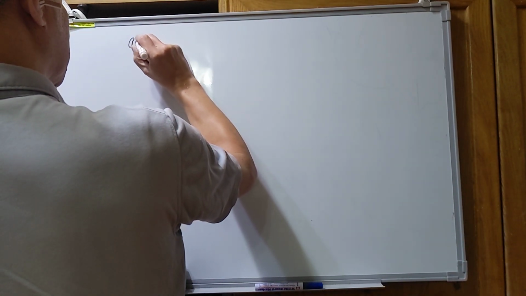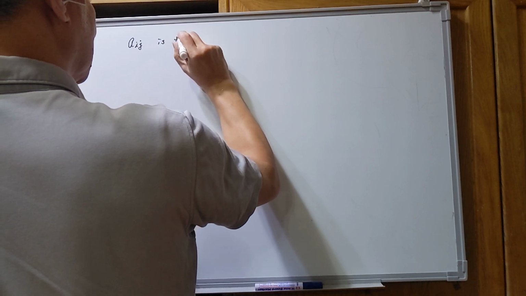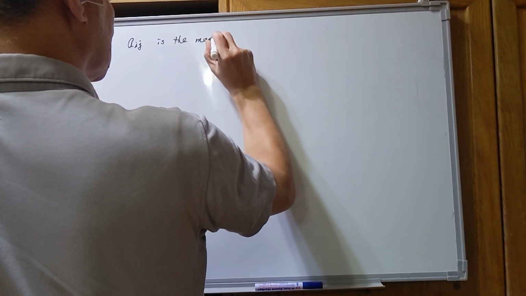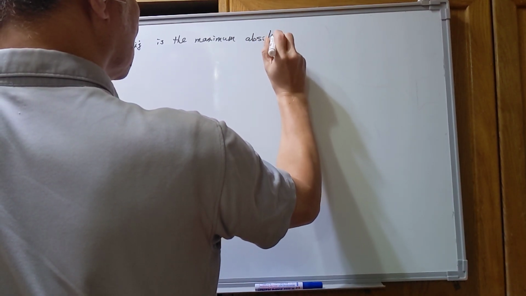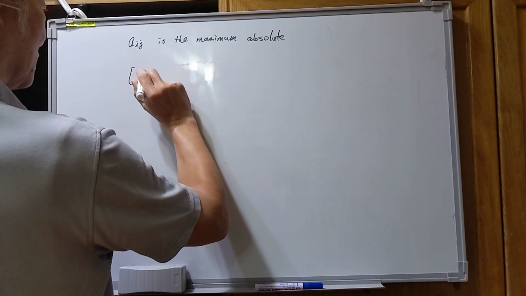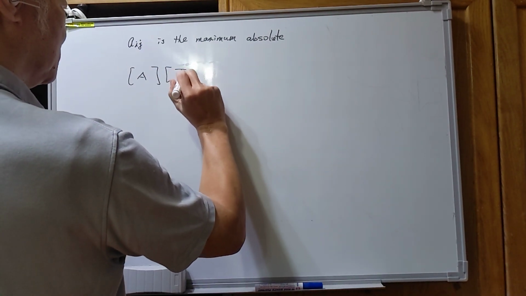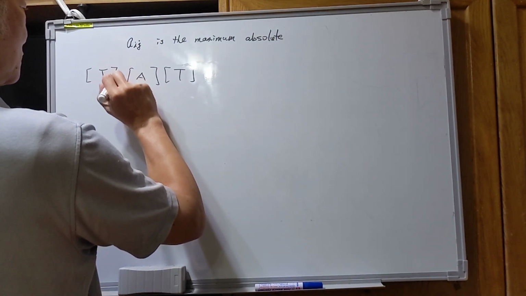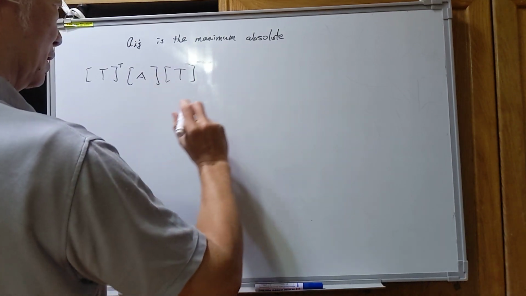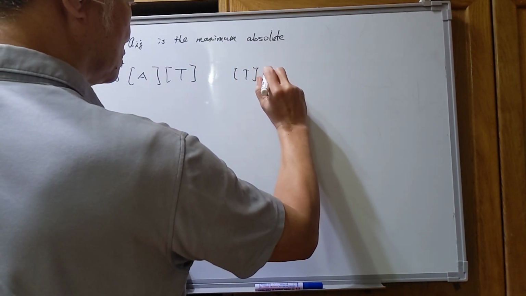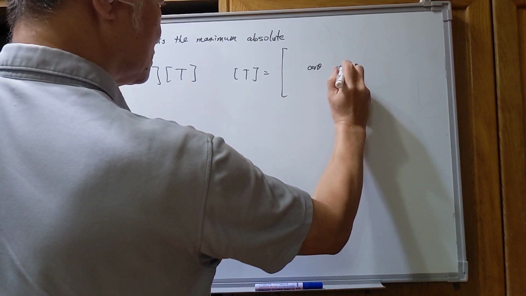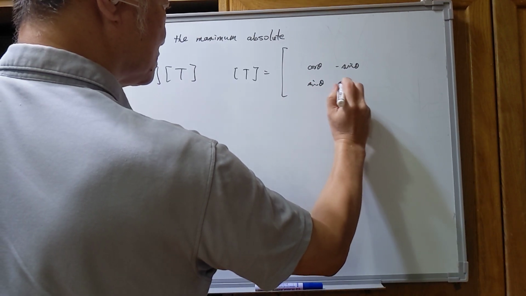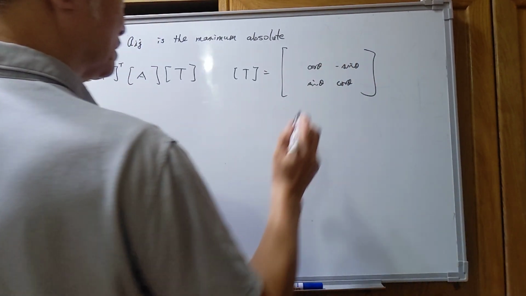For example, if Aij is the maximum absolute, then we will multiply the A by the T and the T transpose. And the T matrix will use cosine theta, negative sine theta, sine theta, cosine theta.